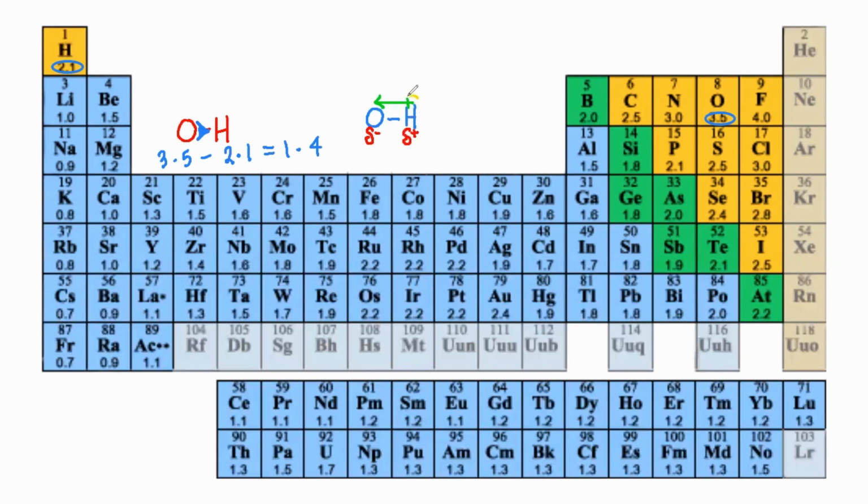You can see that the end of the arrow resembles a positive sign. And you can remember that the positive side of the arrow is going to be near the least electronegative atom. Again, looking at the difference in electronegativity being 1.4, because it is greater than 0.5, this bond would be polar.